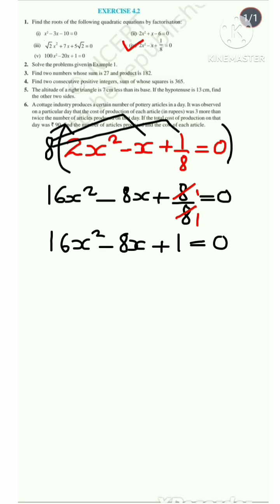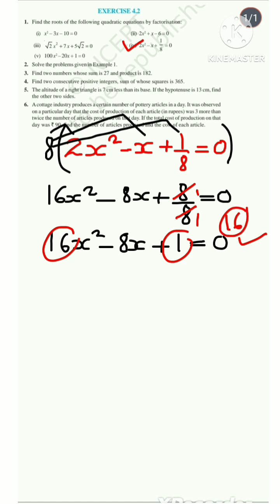Now, by splitting the middle term, we can solve this equation. So, firstly, the coefficient of x square, that is 16, and the constant part, that is 1, should be multiplied. Then we obtain plus 16.